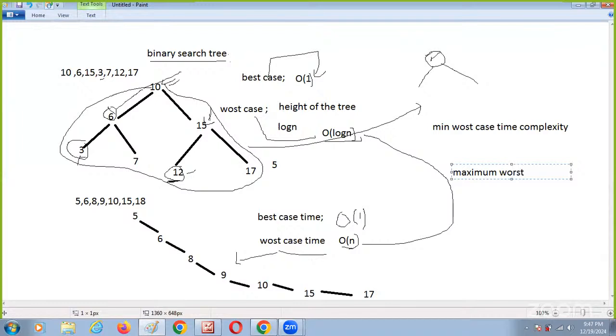Most of the people will get confused. In the worst case also, there is a special case. So the maximum worst case time complexity, and the minimum worst case time complexity. What is the minimum worst case time complexity? It is order of log n.